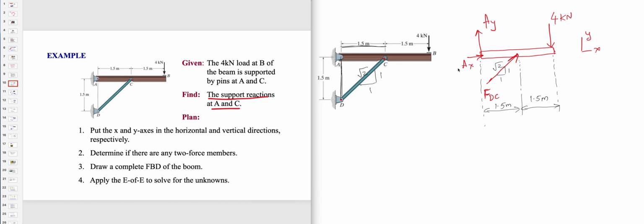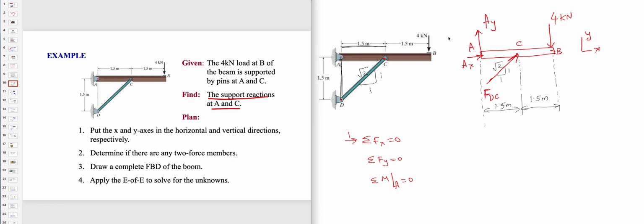So the next step is to apply equations of equilibrium. So let's give the names. I forgot to give the names. So this is point A, this is point C, this is point B. So the equations of equilibrium are sigma Fx is equal to 0, sigma Fy is equal to 0, sigma moments with respect to A is equal to 0.